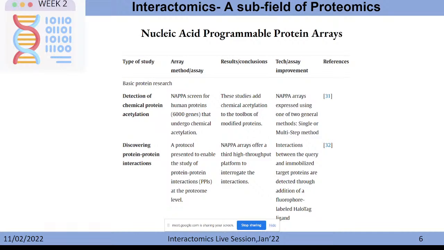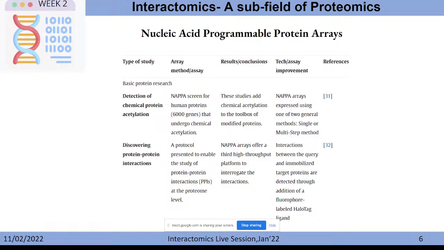So this is the acetylation profile of the proteins, and the particular proteins through which acetylation was detected. So you can detect chemical protein acetylation modifications. Here you can screen around 6,000 genes, so assume that you can easily detect the PTMs, the post-translation modifications.